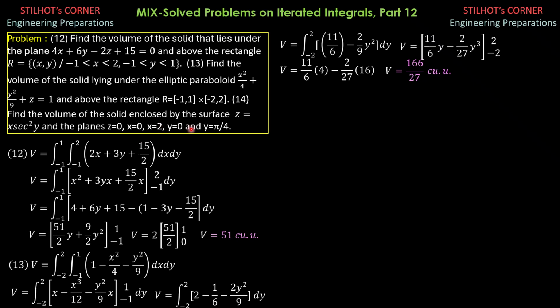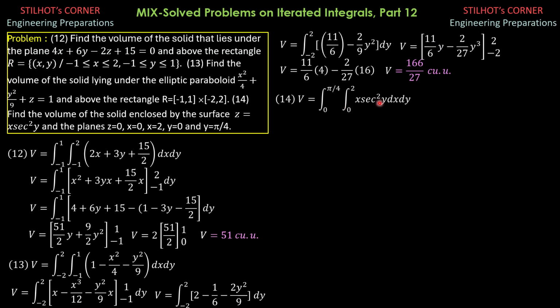Inner limits 0 to 2, outer limits 0 to pi over 4. So volume equals the integral from 0 to pi over 4, 0 to 2 of x secant squared y dx dy. So we treat x as the variable first, y is constant.